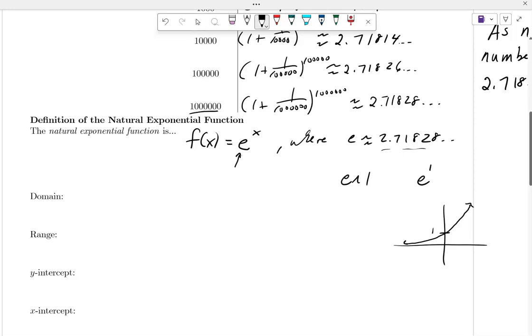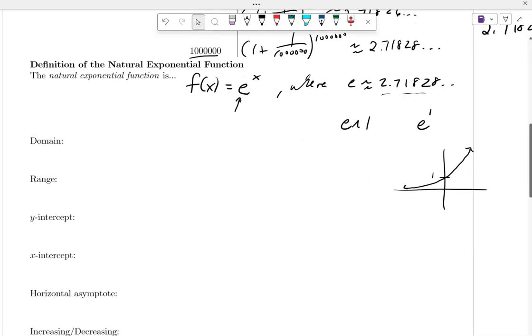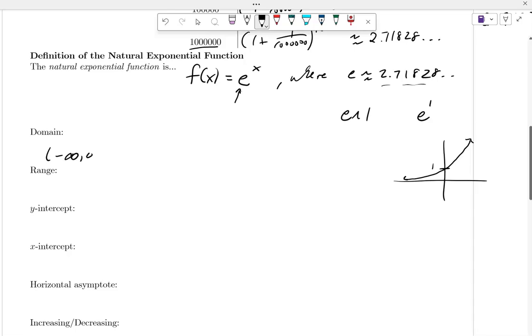So listing out the properties here then, domain's going to be what again? All real numbers. Our range is going to be 0 to infinity, right? We never hit the x-axis. We never go to the other side of the x-axis. You just told me a second ago that the y-intercept was 1.